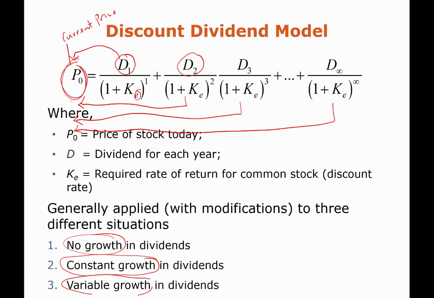The only difference is that there is a growth in dividends that is constant from what was paid in the current year. There's a growth of maybe 2%. Therefore, this represents a growth of 2% included, if 2% was the growth in dividends.